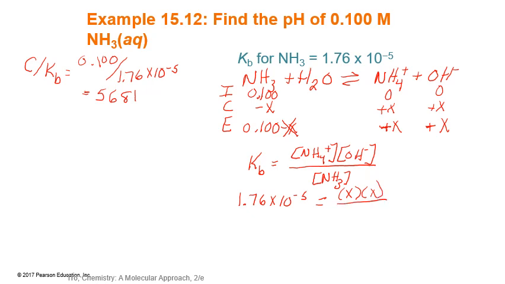And our original concentration of the base, because we've canceled out our X. We've done our calculation to see that we can cancel it out. And so we can rearrange this.